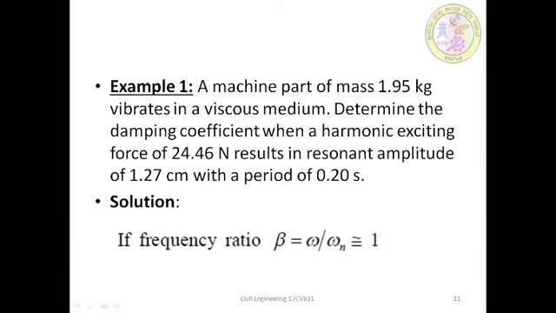So here it is a resonant case. In the resonant case, the excitation frequency and natural frequency are equal, so the frequency ratio, which we can write as beta, is 1. According to our calculations, the static displacement is F naught by k, and the amplitude is F naught by k into 1 over 2 chi.